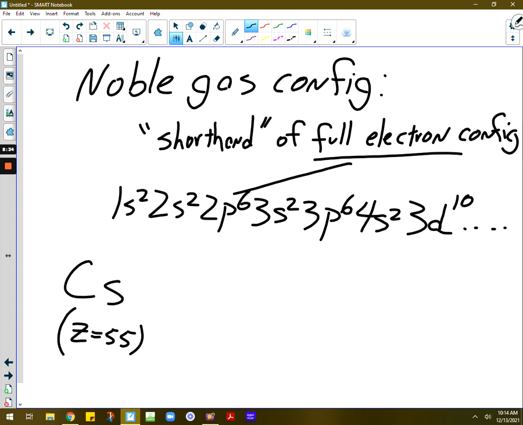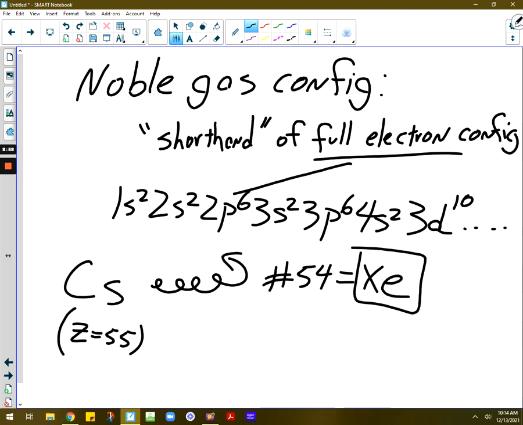That's a mouthful. Now what I can also do is backtrack, kind of wind the clock back from cesium until I get to my noble gases, which is group 18. If I back up just one from number 55, I come to number 54, which is xenon, right?